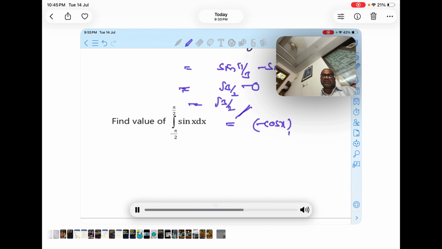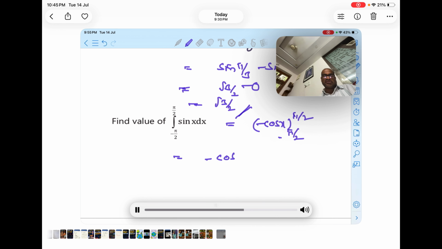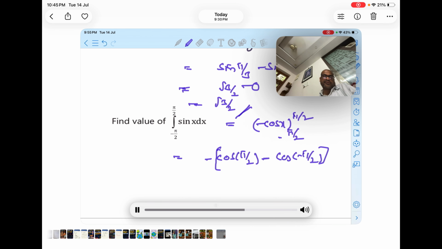Minus pi/2 to plus pi/2. So this becomes minus cos, upper limit pi/2, minus cos lower limit, cos of minus pi/2. So cos pi/2 is 0, minus cos of minus theta is plus cos theta. This also will be 0, so its value is 0. Okay.